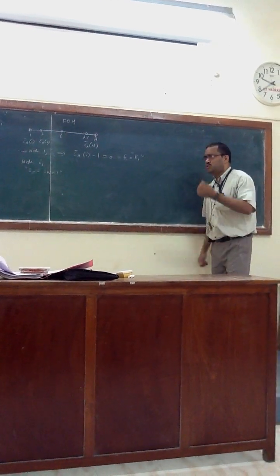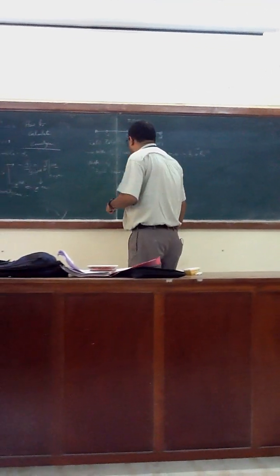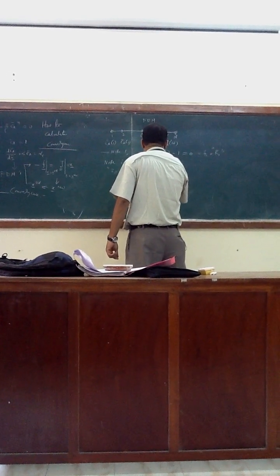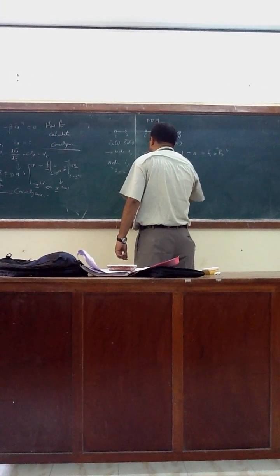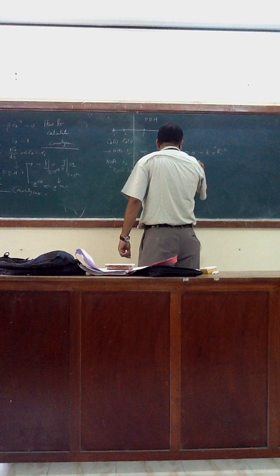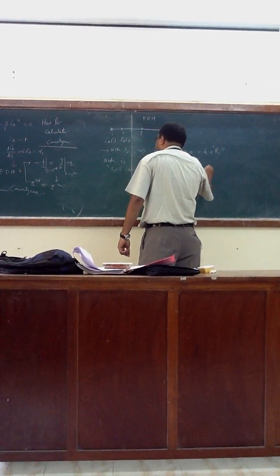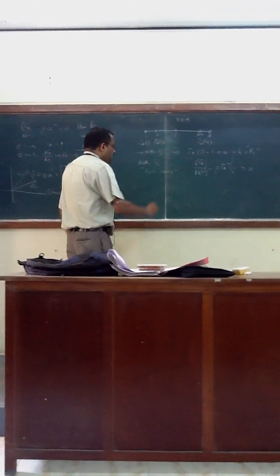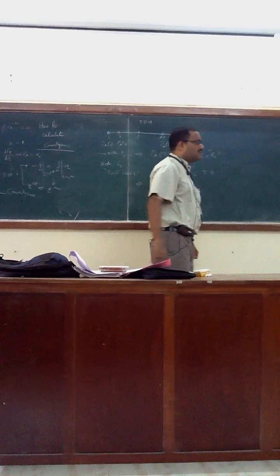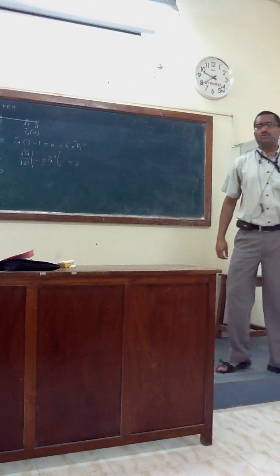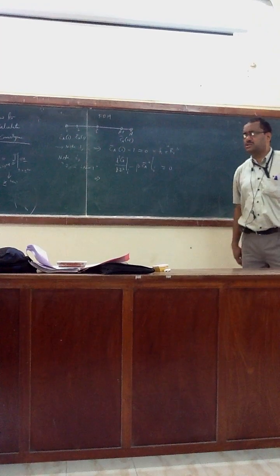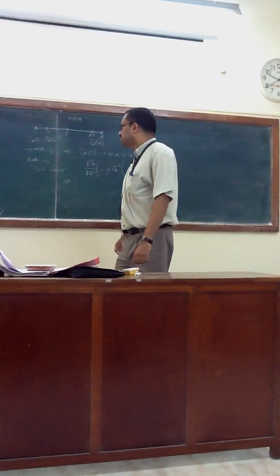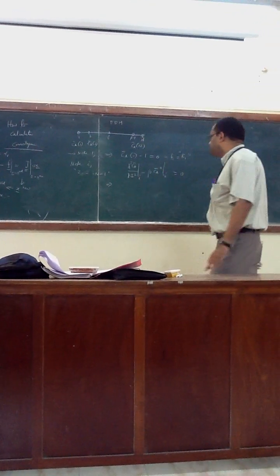In MATLAB also you can use a for loop or a while loop. So for the ith node, we can write d2 CA bar by dz bar square minus beta CA bar to the power n for the ith node equals 0. Right? For the ith node, if we use the central difference formula, what formula do we get? For d2 CA bar by dz square we have already discussed the central difference formula. What will you get?